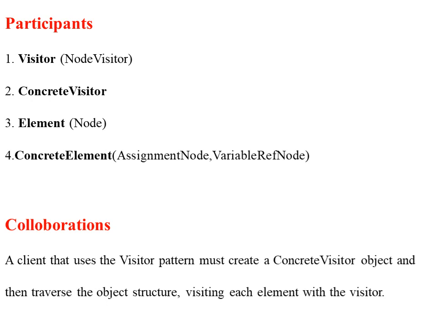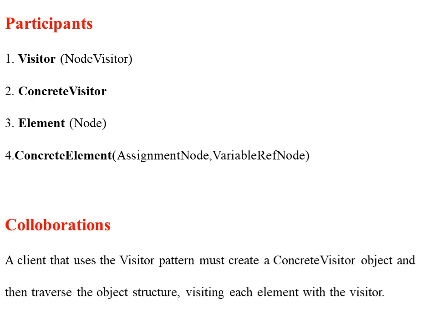That is the main responsibility of the visitor. Next, the concrete visitor, such as a type checking visitor, implements each operation declared by the visitor. Whatever operation is declared by the visitor is implemented in the concrete visitor. That is the second participant.